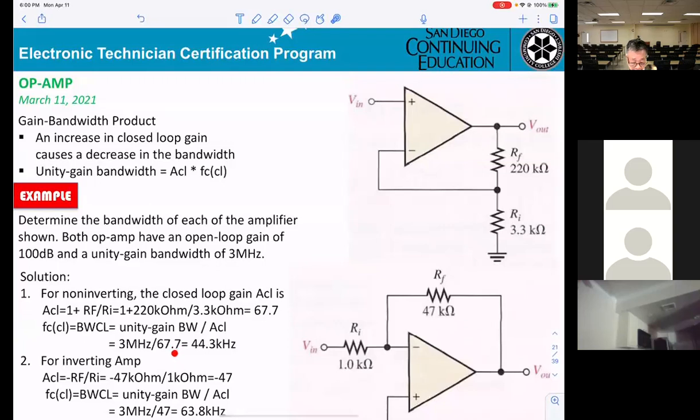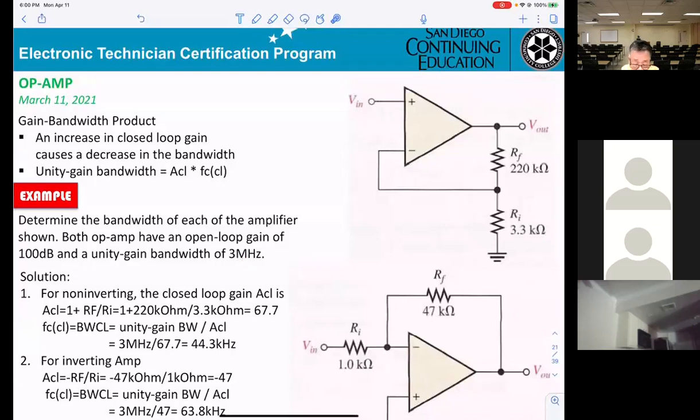That gives you 44.3 kilohertz. You want to calculate the FC, and you get the gain 67.7. They also gave you the unity gain bandwidth of 3 megahertz.